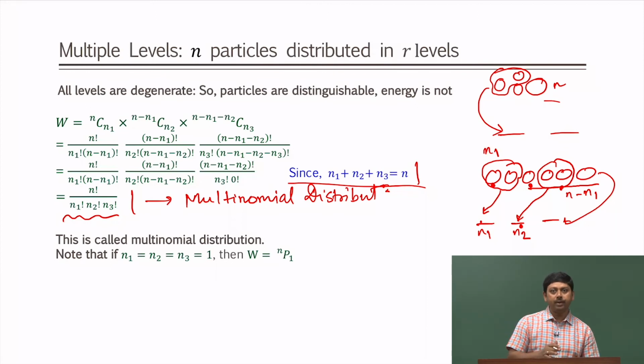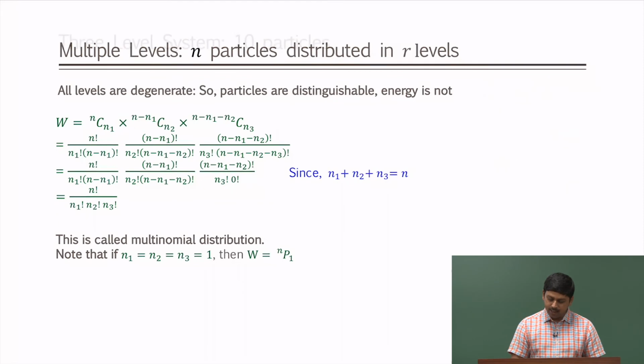Therefore, there is no preference for putting in one level versus another, because ultimately the total energy will be n multiplied by the energy of that particular level. Either it is 0, then it will be 0, or if it is epsilon, it will be n epsilon. So n epsilon will be the value of the total energy anyway. Because all particles are degenerate, wherever you put a particle, it will get the same energy. In future we will talk about where that is not the case.